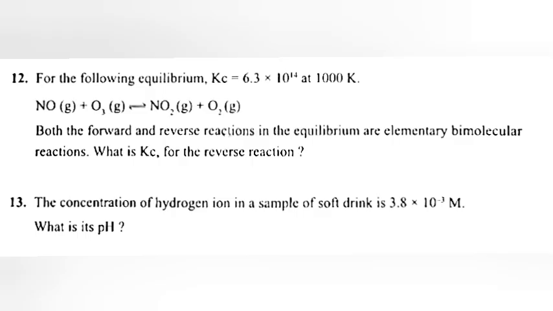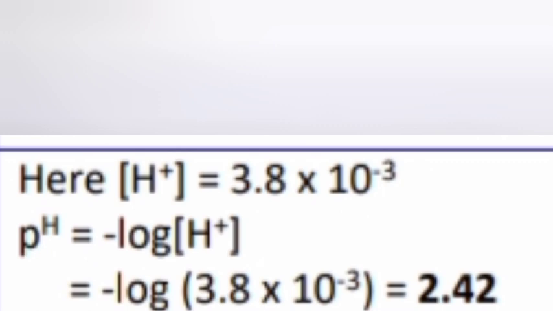The concentration of hydrogen ion in a sample of soft drink is 3.8 × 10^-3 M. What is its pH? Answer: here [H+] = 3.8 × 10^-3. pH = −log [H+] = −log(3.8 × 10^-3) = 2.42.